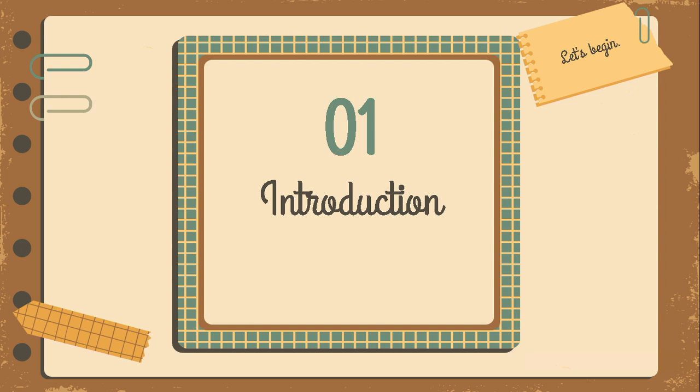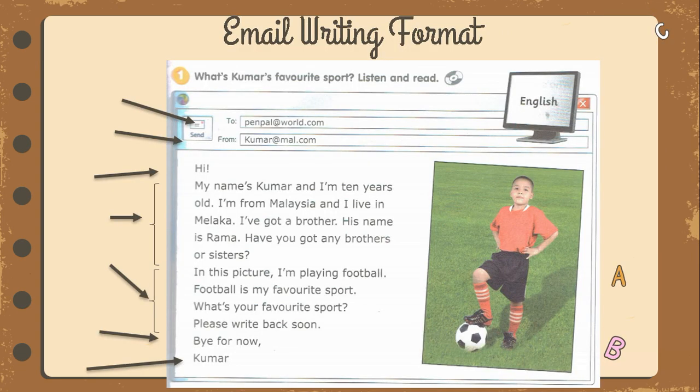Activity 1. Introduction. Writing tips on how to write an email about a trip. Well, before we begin, let's recall the email writing format that we learned before. I hope you still remember them.